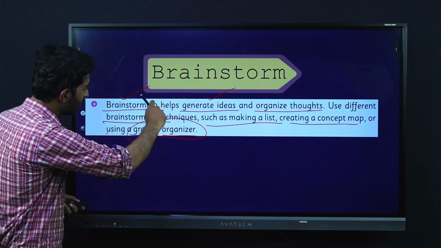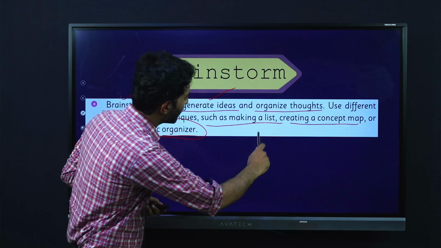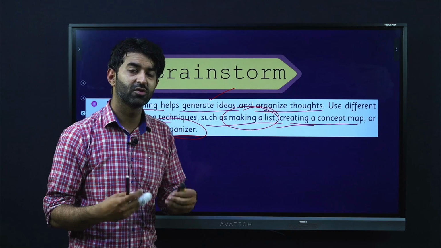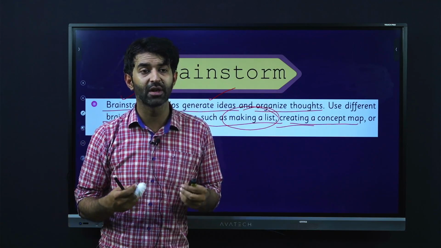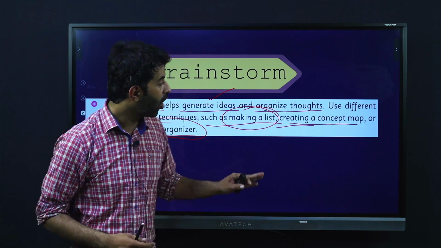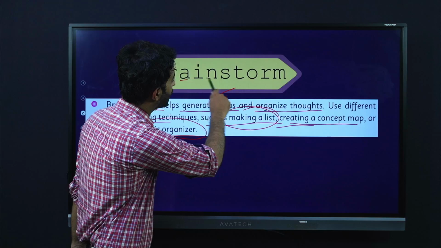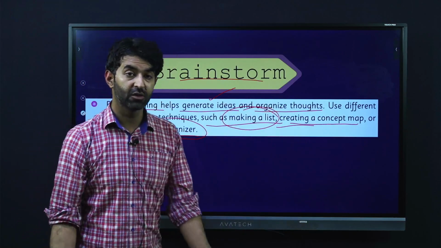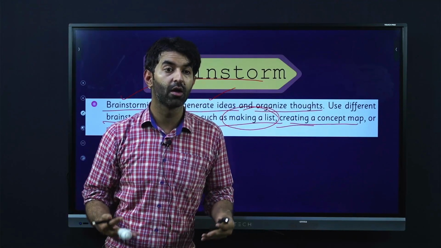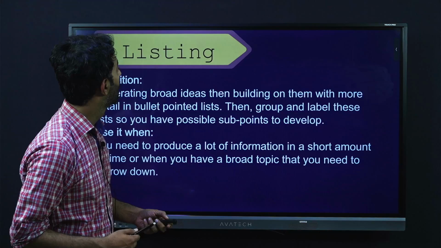So all these techniques, making a list, creating a concept map, or just doing different organizers, maybe making a table or any diagram, all these fall under the process which we call brainstorming. We are just getting ready, we are preparing for the writing ahead.